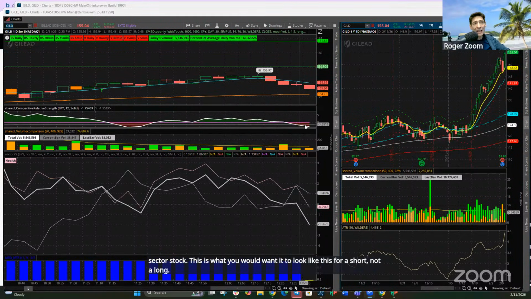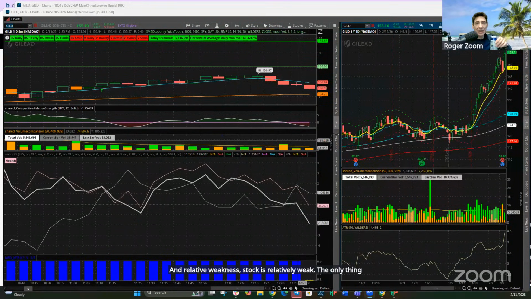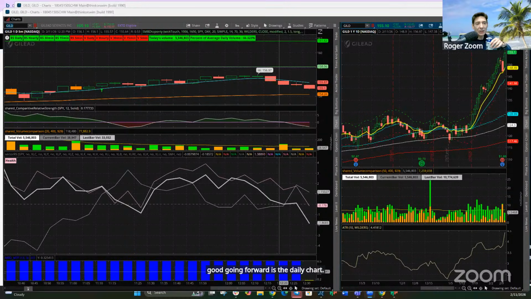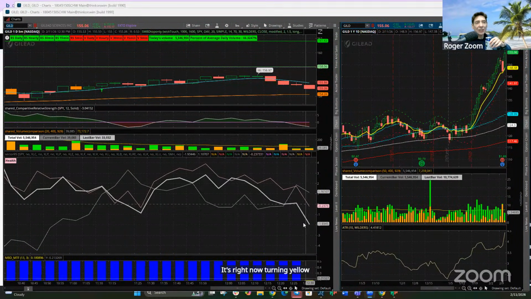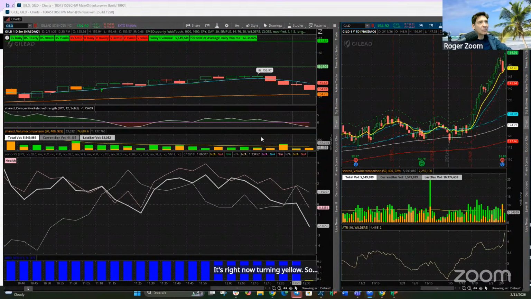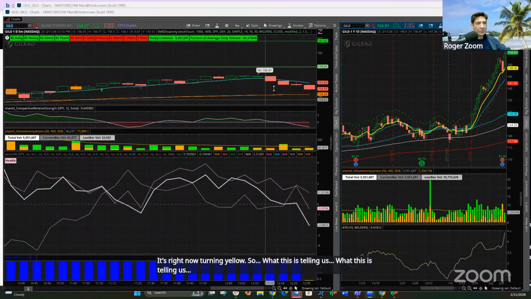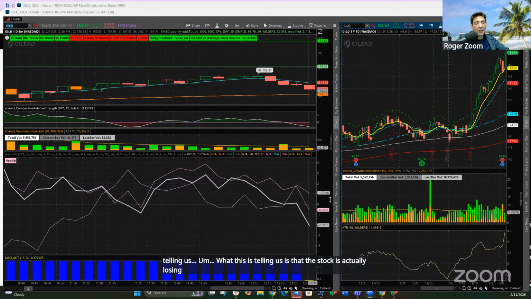And relative weakness, the stock is relatively weak. The only thing it's got going for it is the daily chart, and the current momentum is still green, although it's right now turning yellow. What this is telling us is that the stock is actually losing strength.